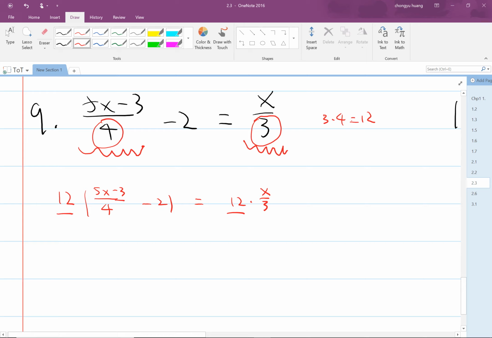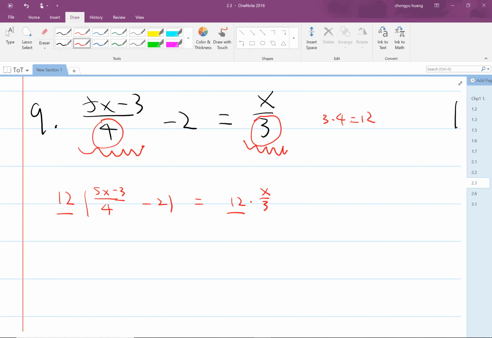So if you multiply by 12 over here, the denominator 4 will be gone, and it becomes 3, right? And if you multiply 12 on the right hand side, then the denominator 3 will be gone and the 12 becomes 4, right? The denominator is gone.